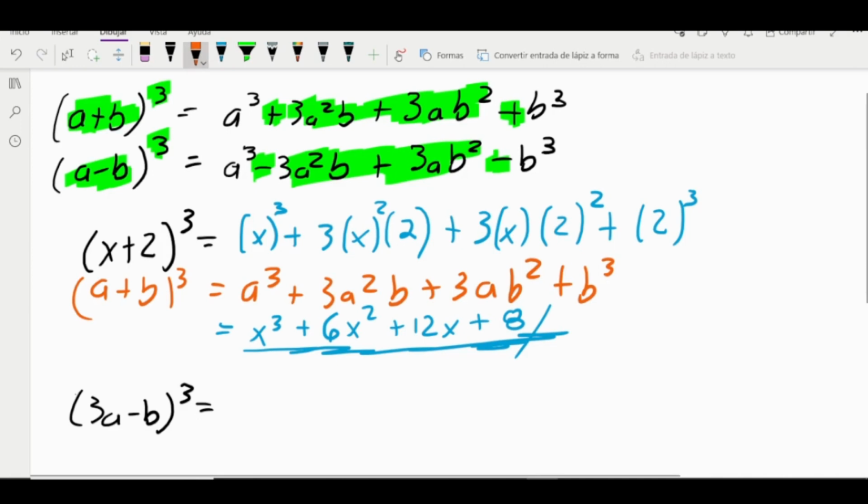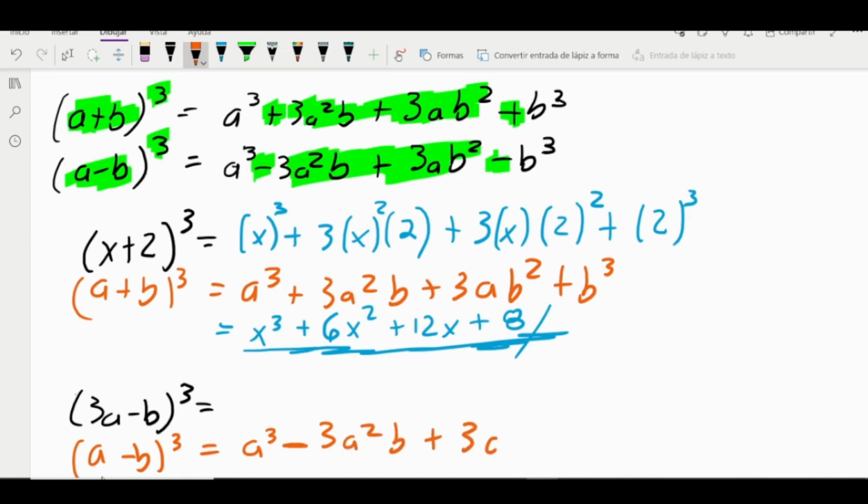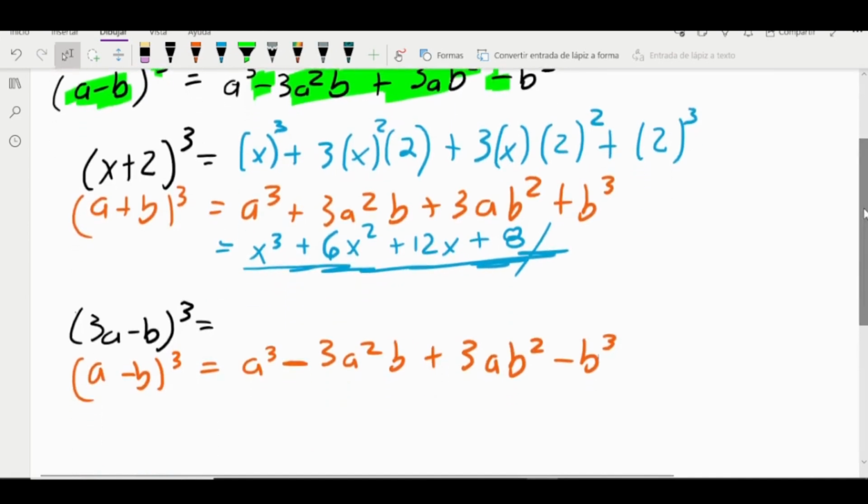Now the second situation, just to not make the video longer, is a minus b to the cube. This is going to be the same, a cubed, but now minus 3 times a squared b plus 3 times a b squared minus b cubed. The only thing we need to do is apply a substitution.